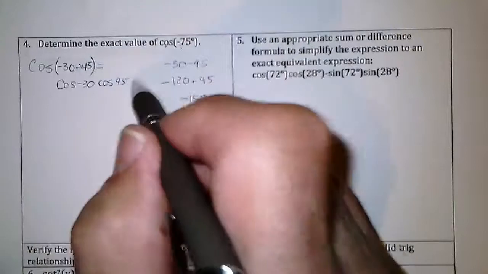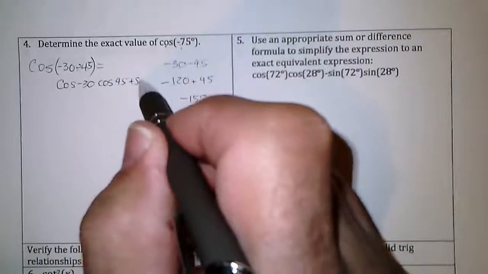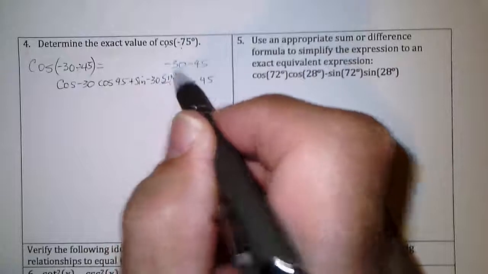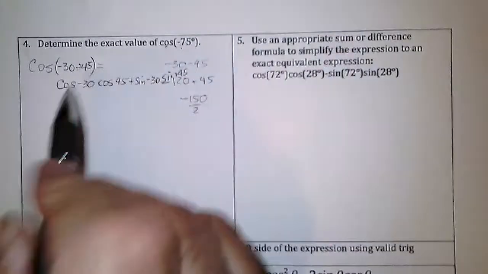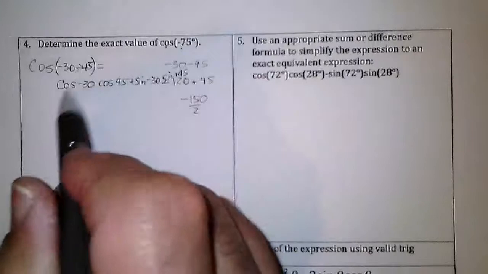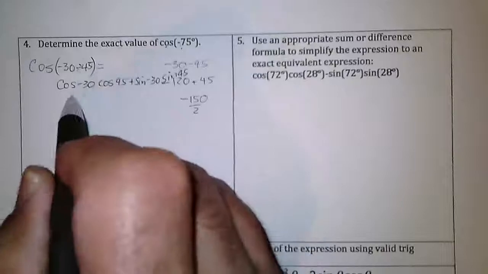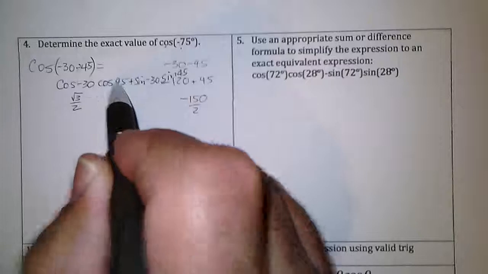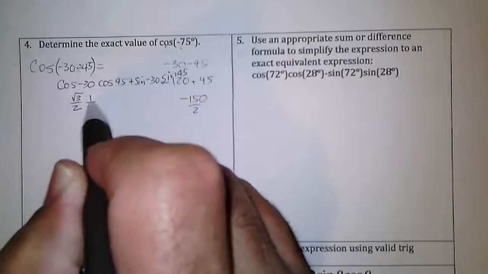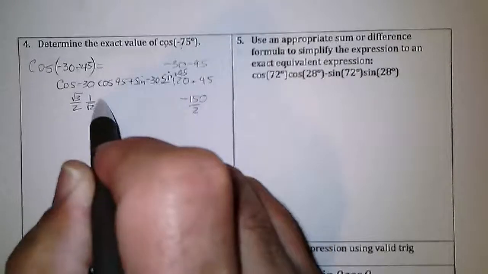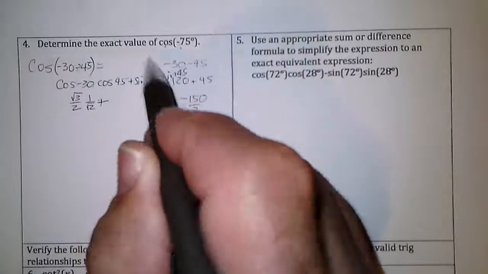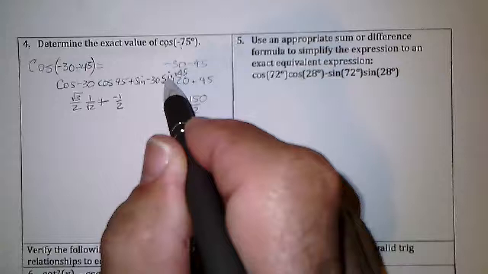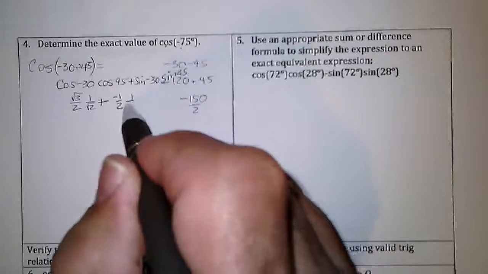If it's subtract, we add sine of negative 30, sine of 45. Cosine of negative 30 is the same as the cosine of 30, which is the square root of 3 over 2. Cosine of 45 is 1 over the square root of 2, plus sine of negative 30 is negative 1/2, and sine of 45 is 1 over the square root of 2.